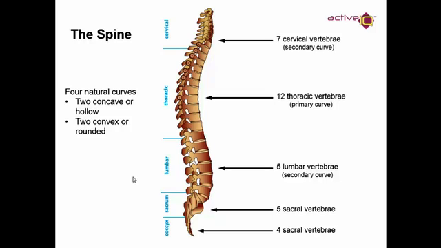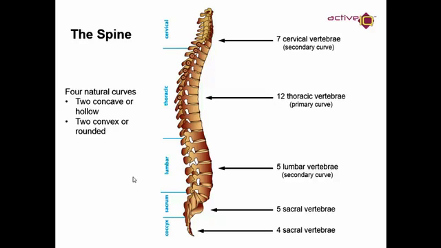So as fitness professionals, we need to look after the whole spine, in particular the lumbar region. If we're doing things like deadlifts and bent over rows, that region can come in for some real stick and some real punishment, so we need to be careful with that. At the bottom, we then have the sacrum and the coccyx. The coccyx is what used to be our tail when we were back sort of as cavemen all those years ago.